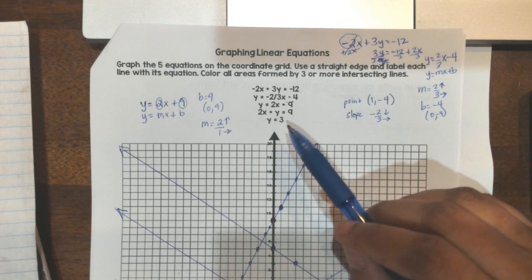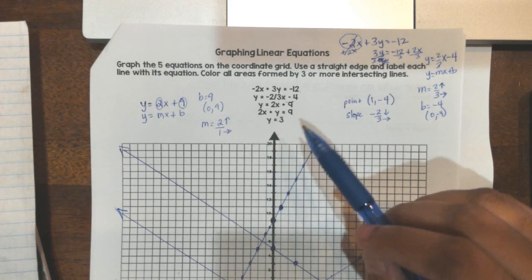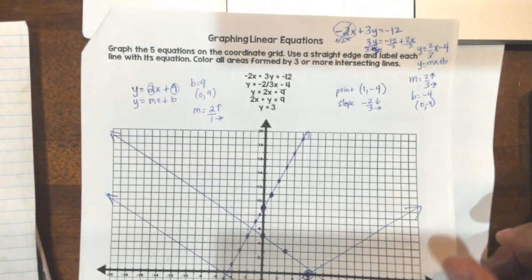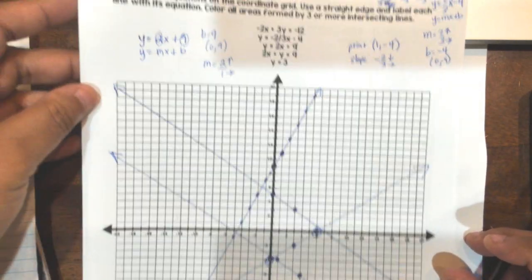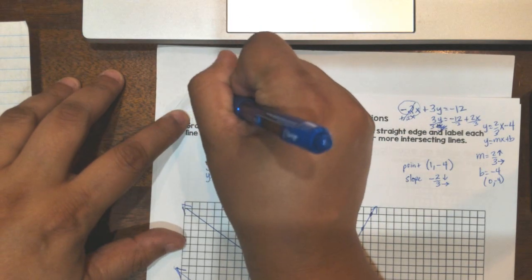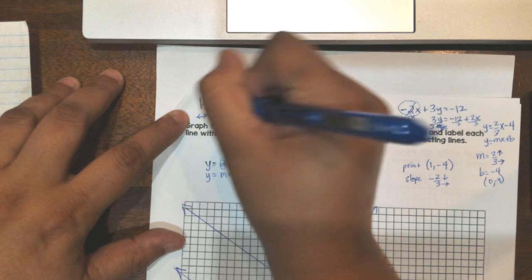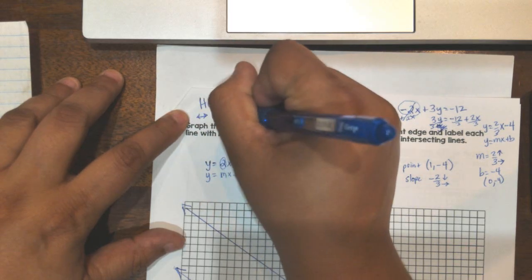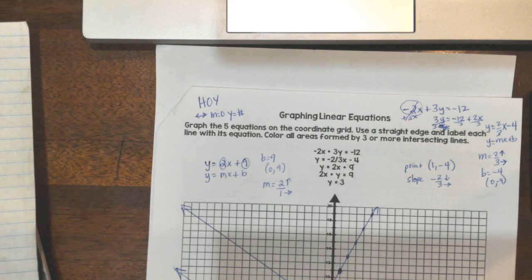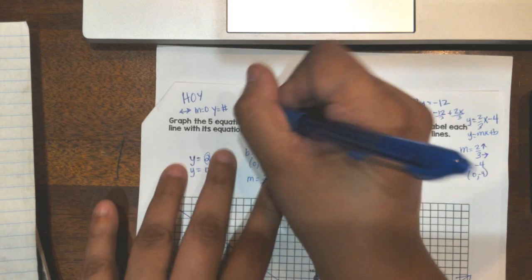So when I don't see an x, I know that it's either a Hoy or a Vux. Remember, when it is Hoy, you have a horizontal line, your slope is 0, and your equation is a y equals number equation.